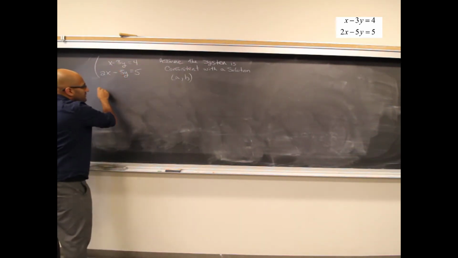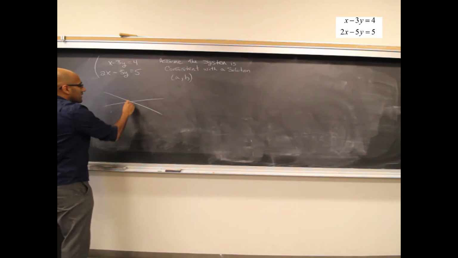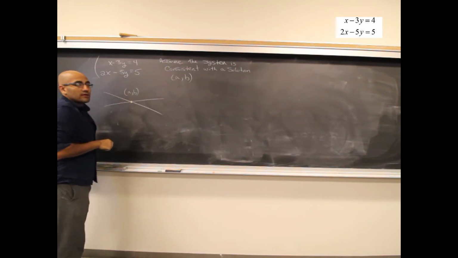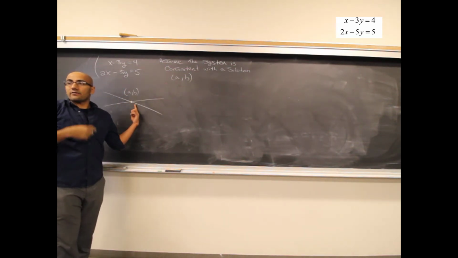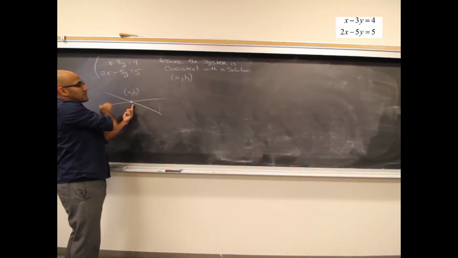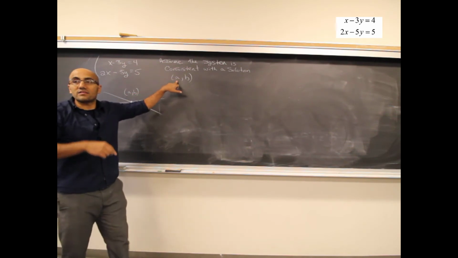So if I graph it, one line will go this way, the other line will go that way, and there is some place where the answer is A comma B. I have no idea what that is. I don't even know what quadrant it's in. Maybe it's in quadrant 4, maybe it's in quadrant 2, I don't know. I'm just giving you a visual of some answer.